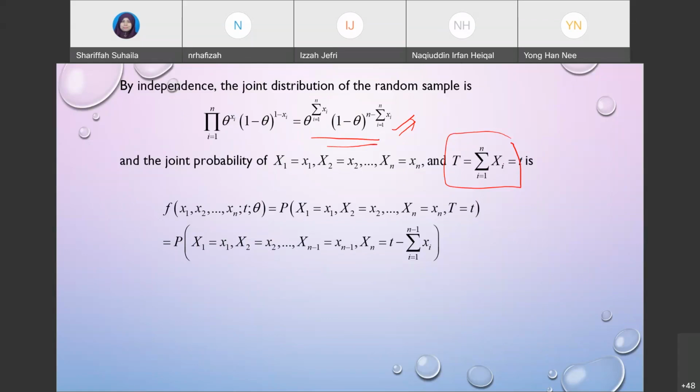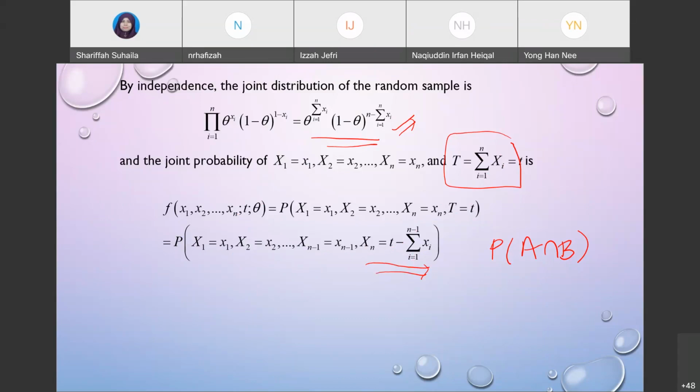Okay, T adalah summation Xi. So kalau kita ada probability X1, X2, Xn and then also T equals to t, kalau kita open bracket ni kita ada probability A intersect with B. So since they are independent, X1, X2, Xn and T equals t, you have X1, X2, up to Xn minus 1. Katakan kita ungkap Xn sebagai T, sebab T tadi adalah summation Xi, minus summation Xi from i equals 1 up to n minus 1, kita dapat balik Xn.